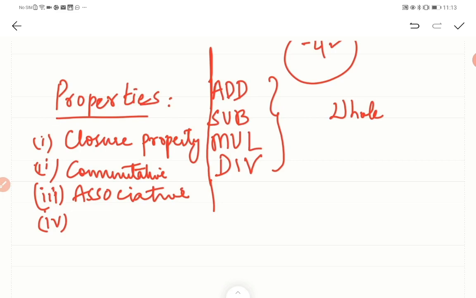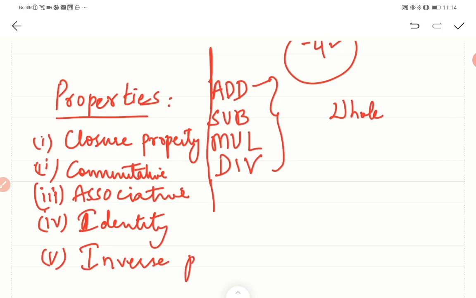Fourth, identity, or if it is for addition, it is additive identity. Anyway, in general it is identity property. And additive inverse or inverse property. So you have basically these 5 properties to be learned for each of the operations under integers, that is addition, subtraction, multiplication and division.